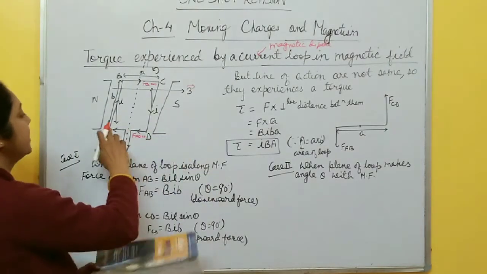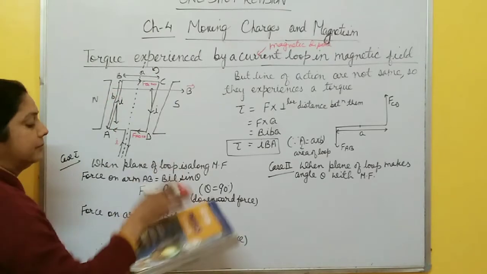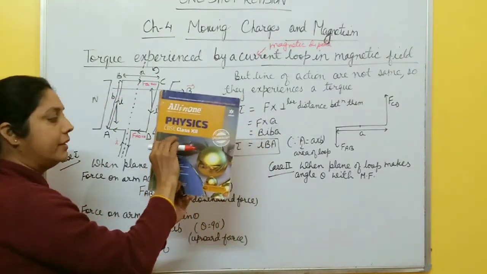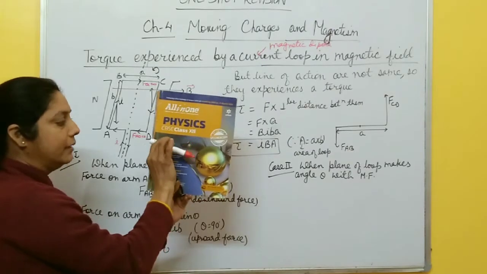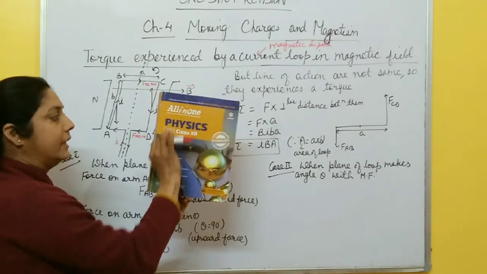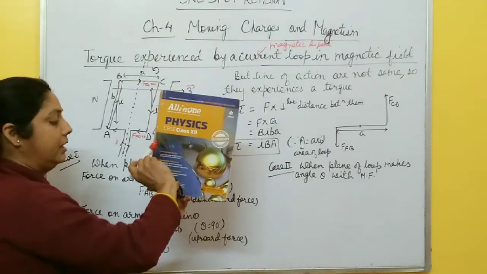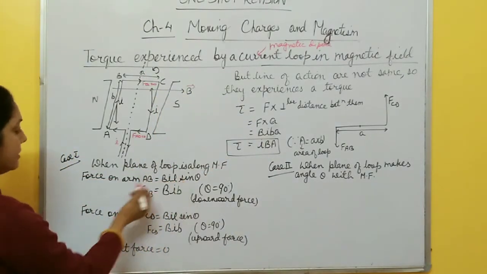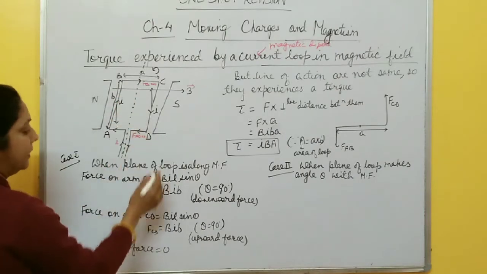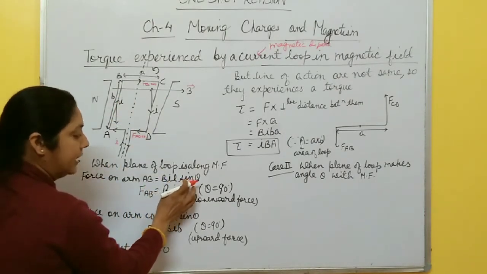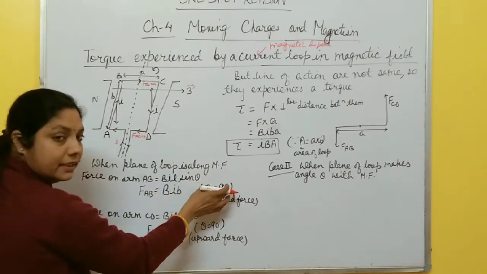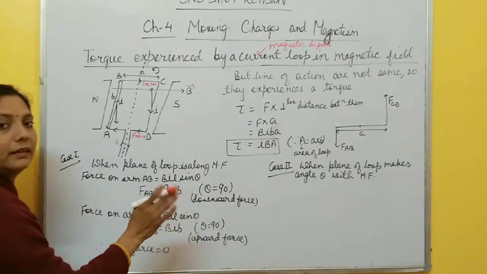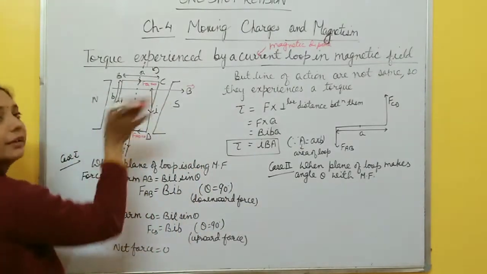Now what is the force experienced by this AB arm? This is rectangular coil ABCD, and magnetic field is in this direction. So angle between this magnetic field and the current in AB arm is 90 degrees. So force experienced on arm AB is BIL sin theta. Theta is here 90 degrees.